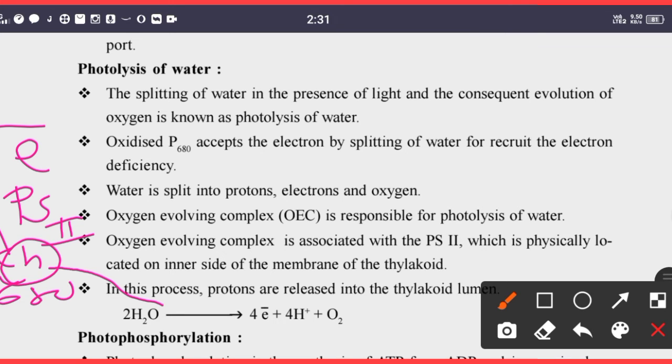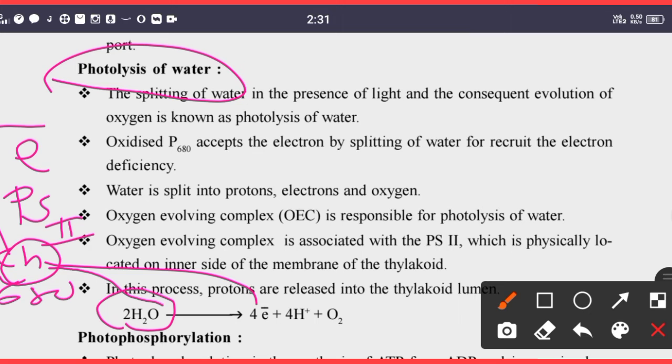This light-activated, oxidized chlorophyll breaks the water molecule to regain the lost electron. That is the reason water molecules are broken down by the light-activated chlorophyll. Because light-activated chlorophyll is breaking the water molecule, it is called photolysis of water.